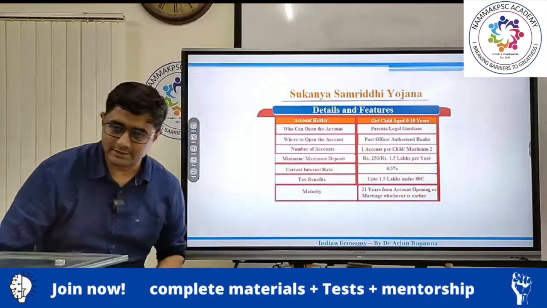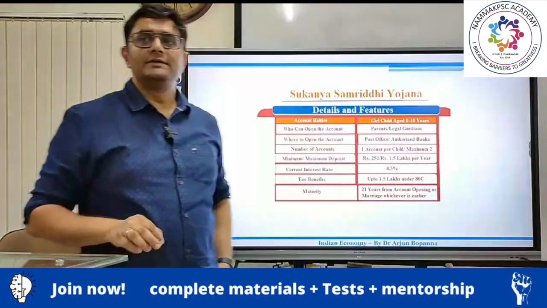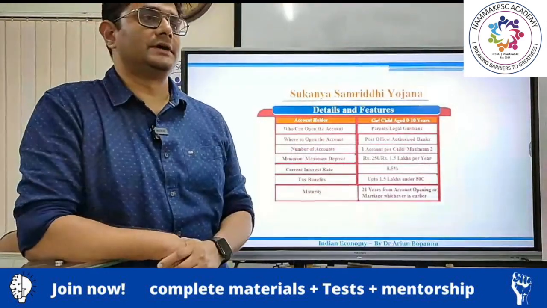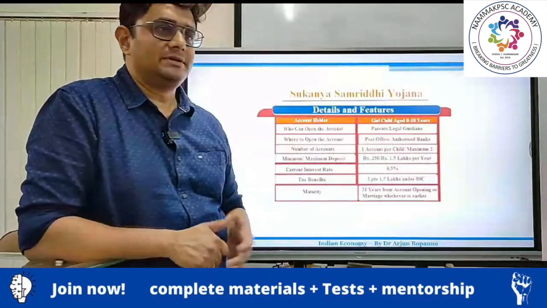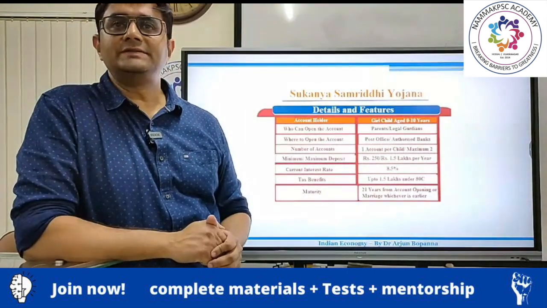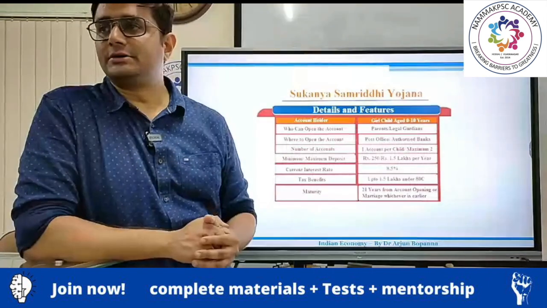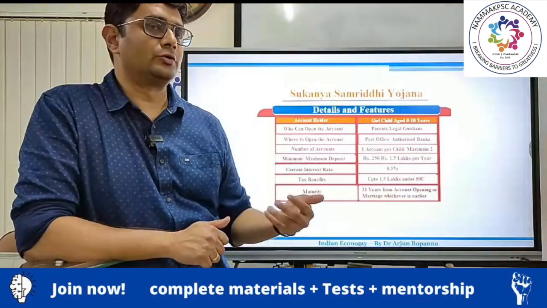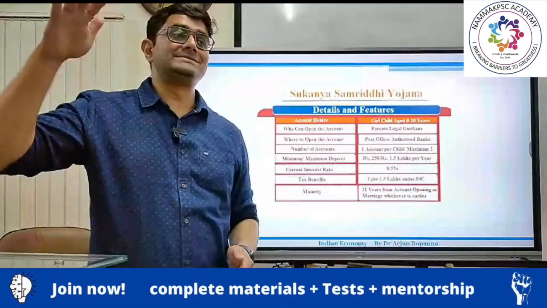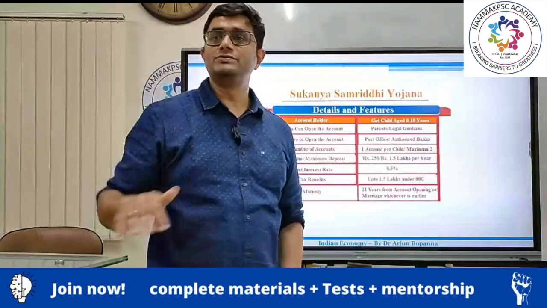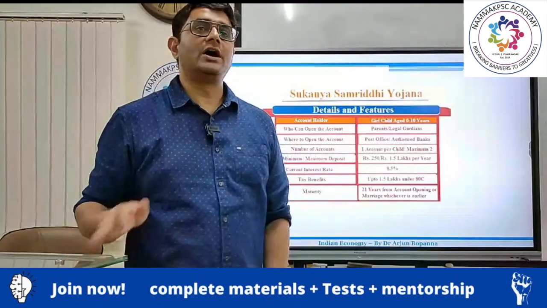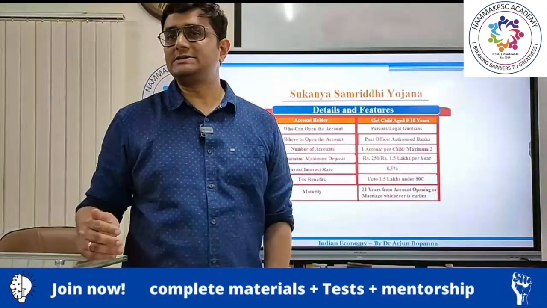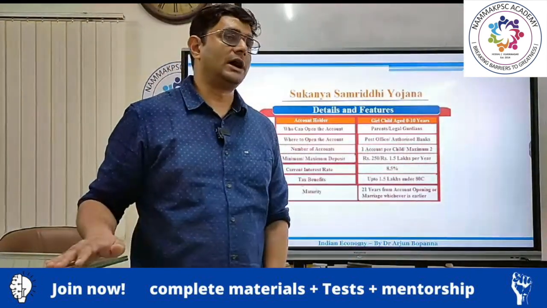Before we go into the next definition, just understand this. You might have heard about this Sukanya Samriddhi Yojana. What is this? Basically, to promote female child welfare, to promote the female sex ratio, and to reduce female infanticide, the government has come up with a campaign called Beti Bachao, Beti Padhao Andolan.